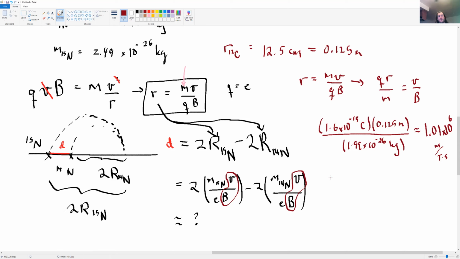So I don't see anybody confirming in the chat yet, so you're supposed to let me know if that's the same numerical value that you get, 1.01 times 10 to the 6. Okay, here we go. Let's check the chat here.